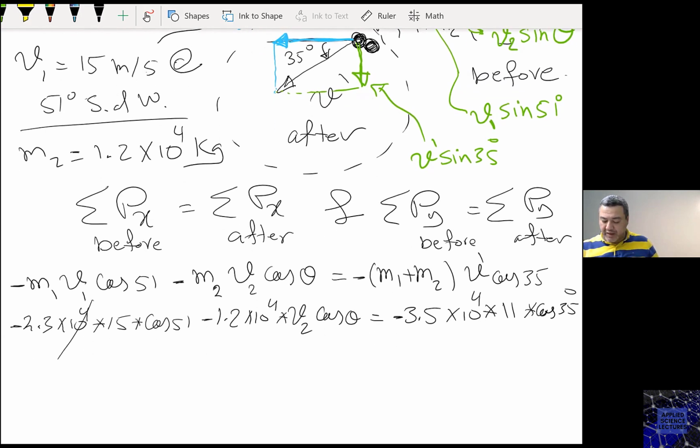Now 10^4 can cancel, it's the same in all of them.